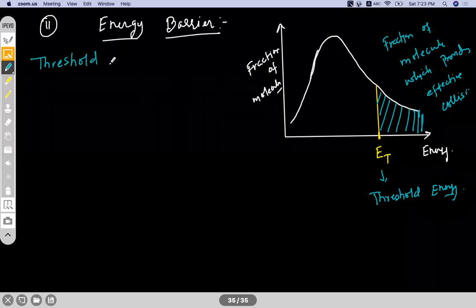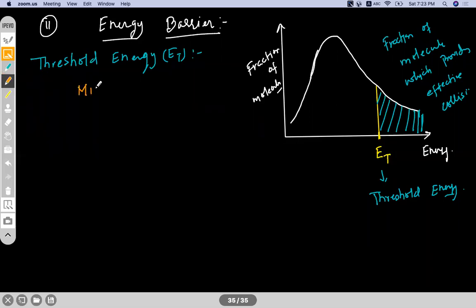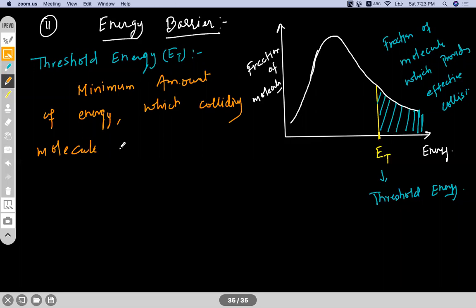So threshold energy, ET, write down, it is the minimum amount of energy which colliding molecules must possess to make a chemical reaction possible.